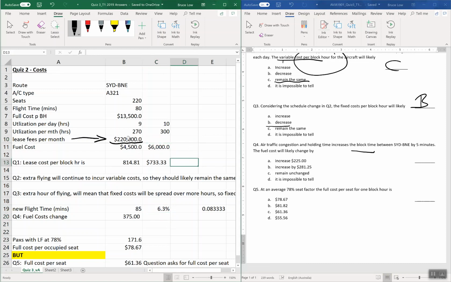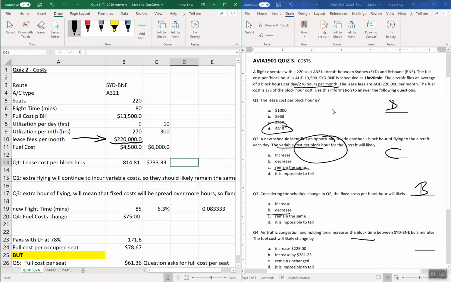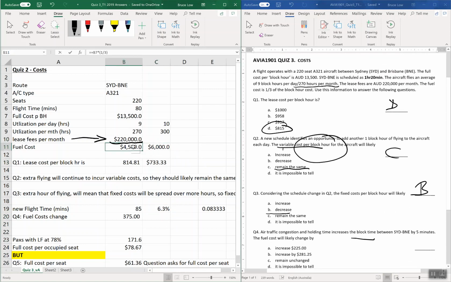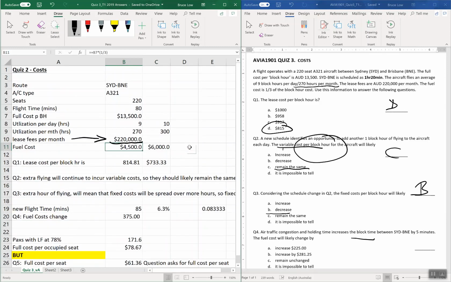So let's look at this. So your fuel cost, we're told at the top here, is a third of the block hour cost. So divide your 13,500 total block hour cost by 3, you get $4,500. So for each hour of flying, it's 4,500. And you've got 80 minutes of flying.